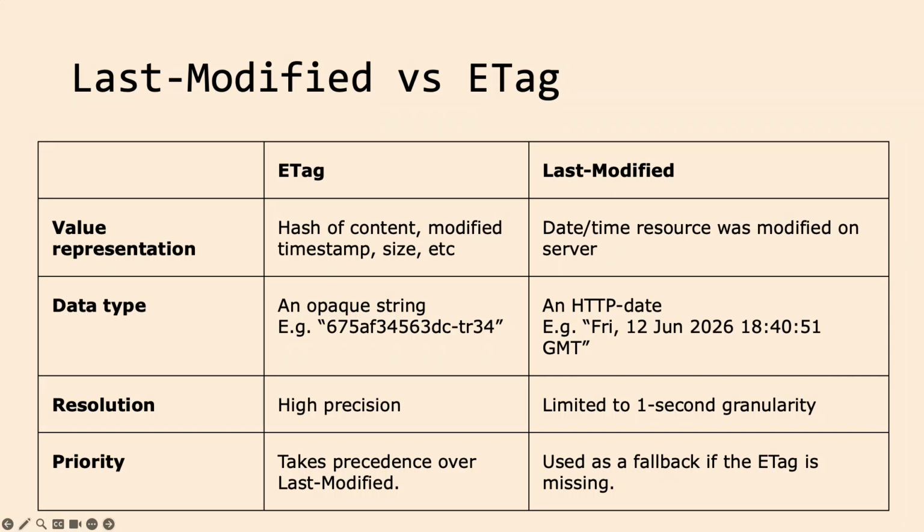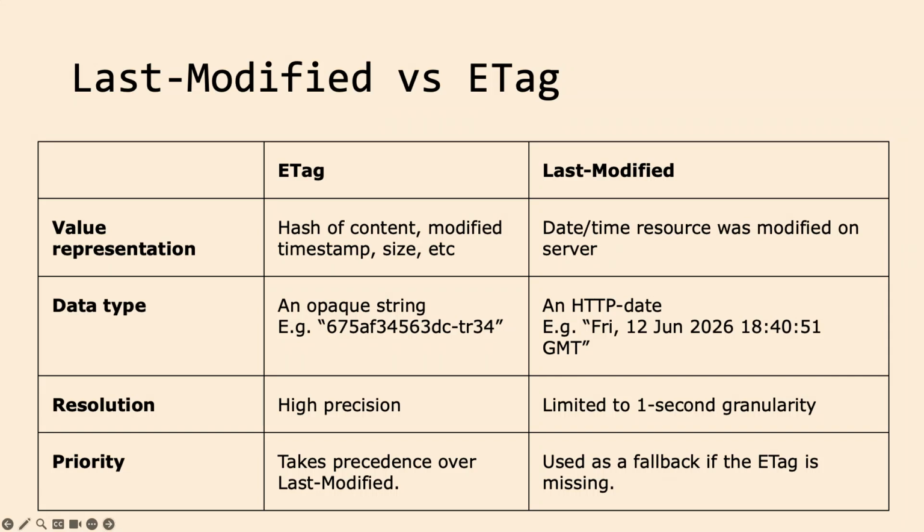If the ETag header is present, what that is, maybe more machine friendly, but it's more precise and it's preferred. The representation is actually just going to be an opaque string, and it's going to be hashed from whatever you decide it's going to be hashed by. This is something that you would set at the server configuration level, like in your htaccess file.